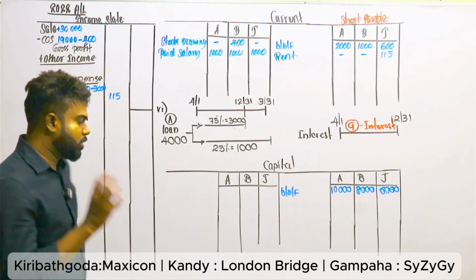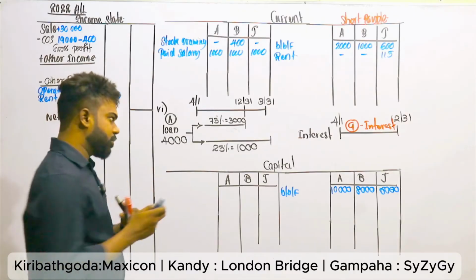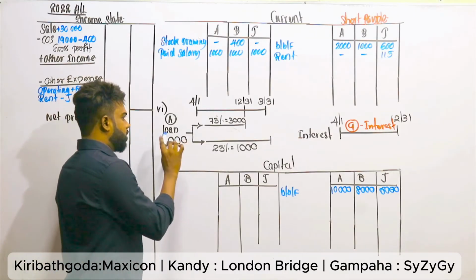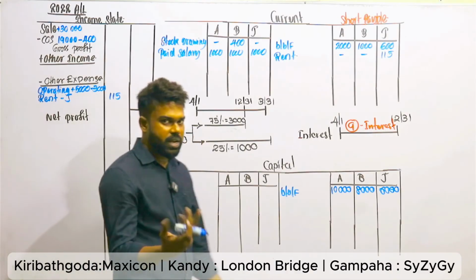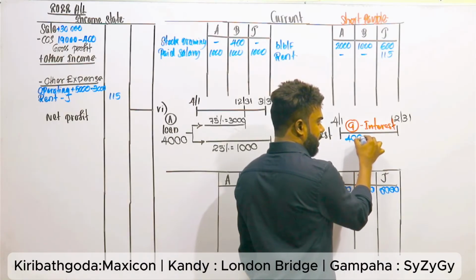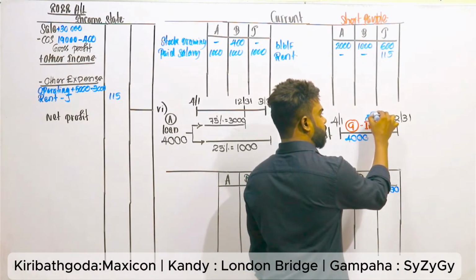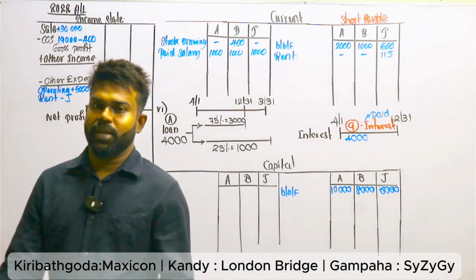Actually this one is a little bit confusing. But here it says total interest, you can mention for the 4 million. 4 million interest was paid.